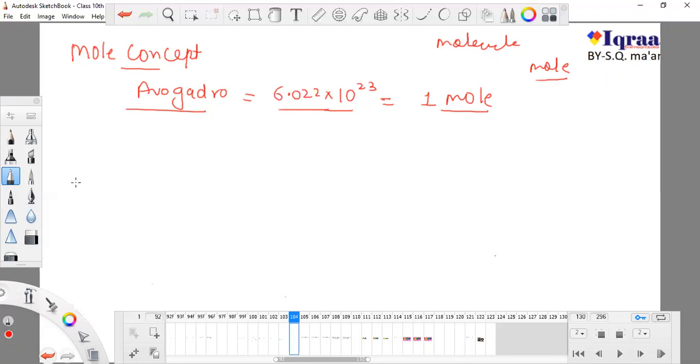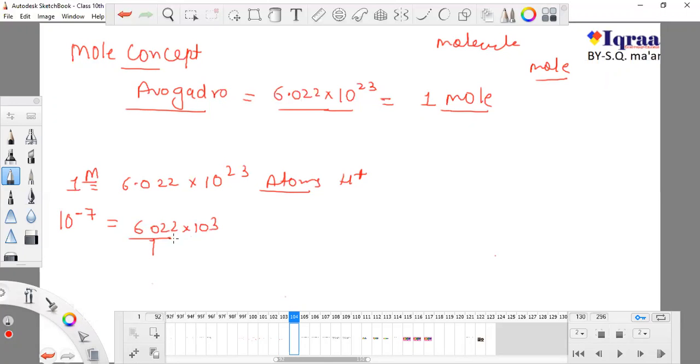So if 1 mole contains 6.022 into 10 to the power 23 atoms of hydrogen, then 10 to the power minus 7 mole will contain how much?